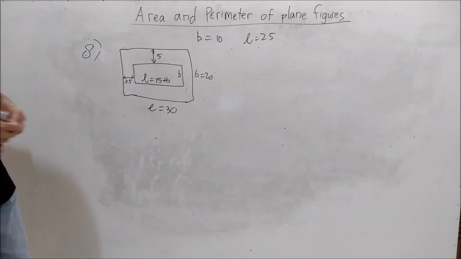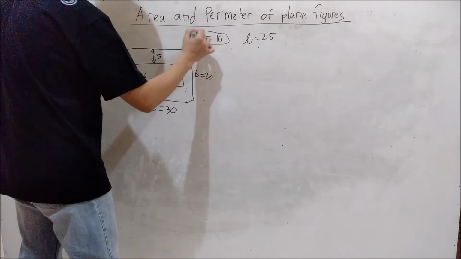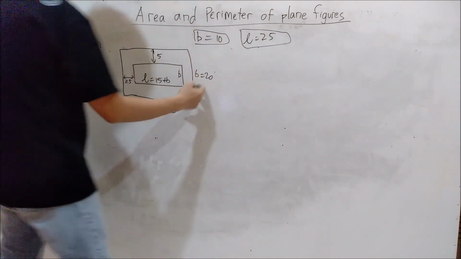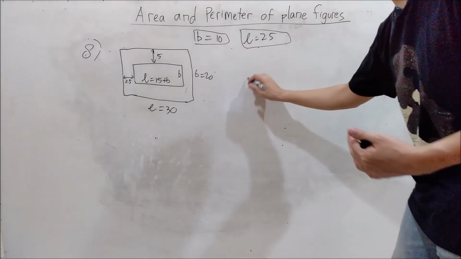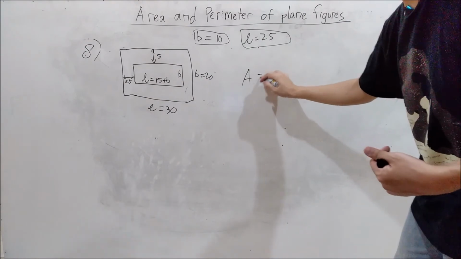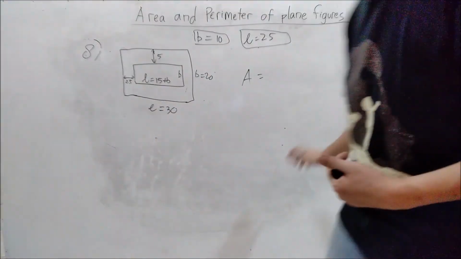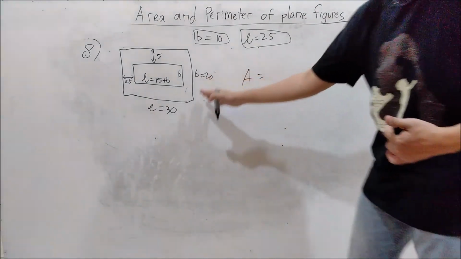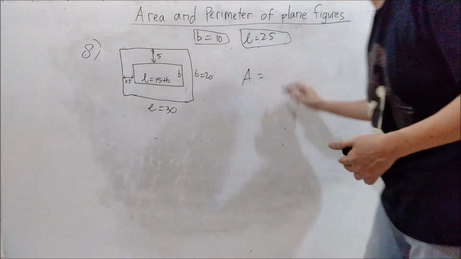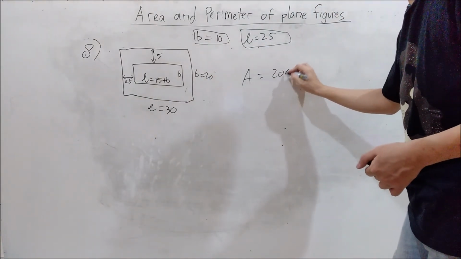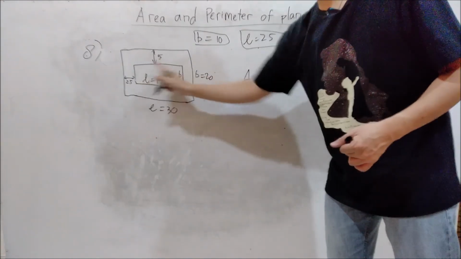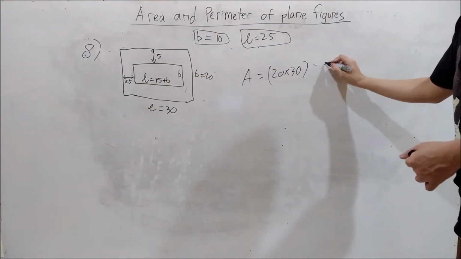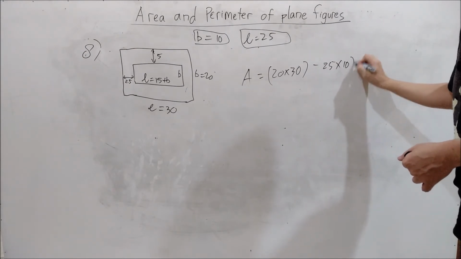Now we had all this formula. We had the breadth of the field, the length of the field, and the breadth and the length of the big rectangle. So the area will be, we count the big one first, which is 20 times 30, minus the area of the small, which is 25 times 10.